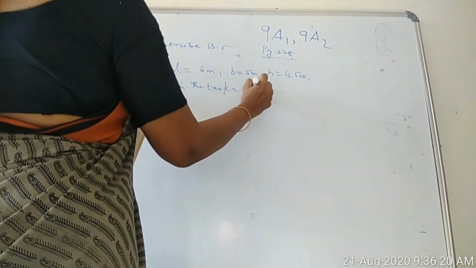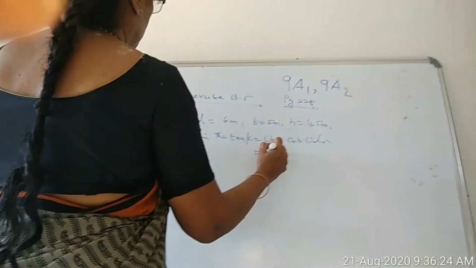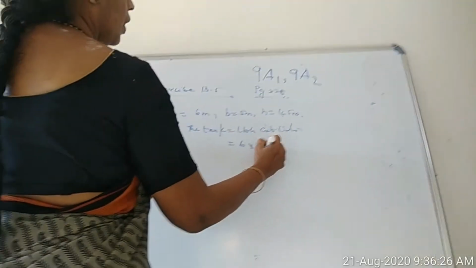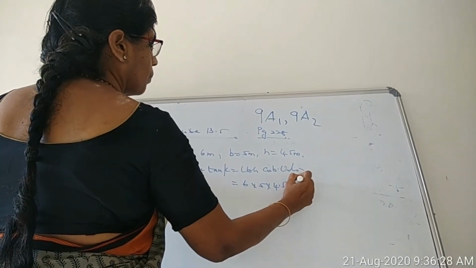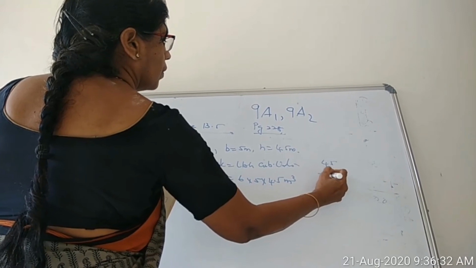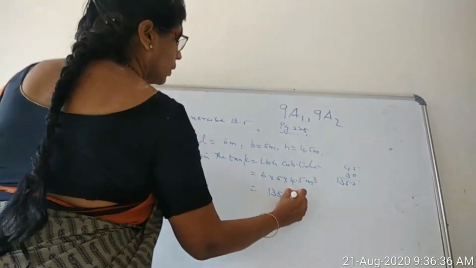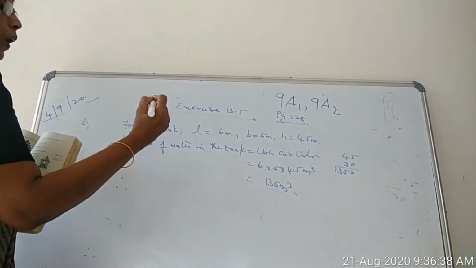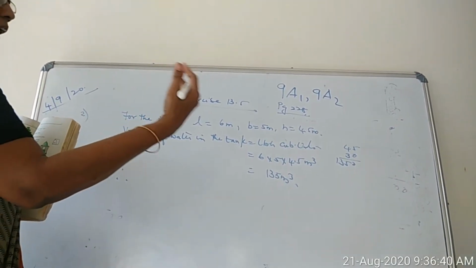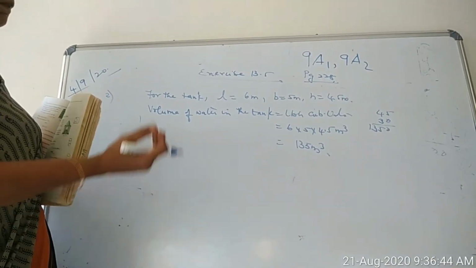Only one formula for volume, children: LBH cubic units. 6 into 5 into 4.5 meters cube. 45 into 30. 3 5s are 15, 13, 135 cubic meters. Now, when the cubic meters is converted to liters, children, it becomes capacity.